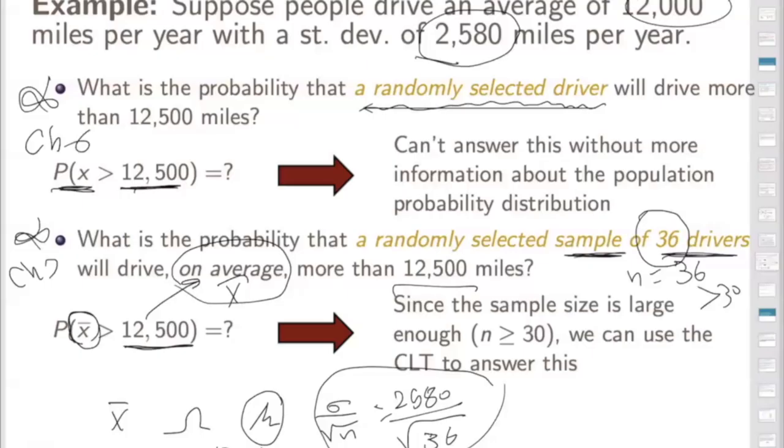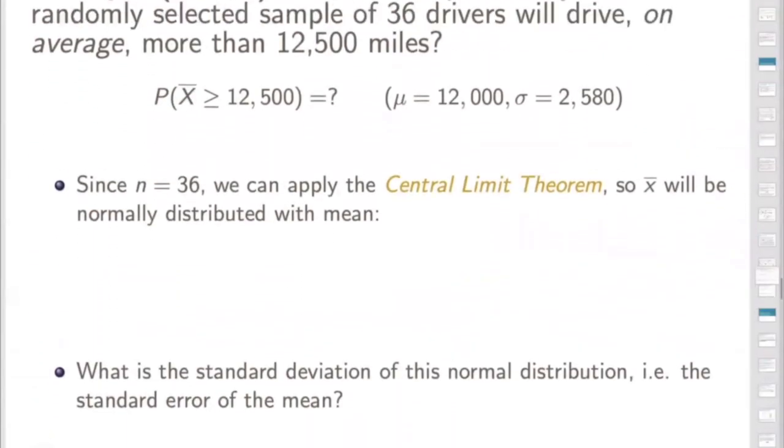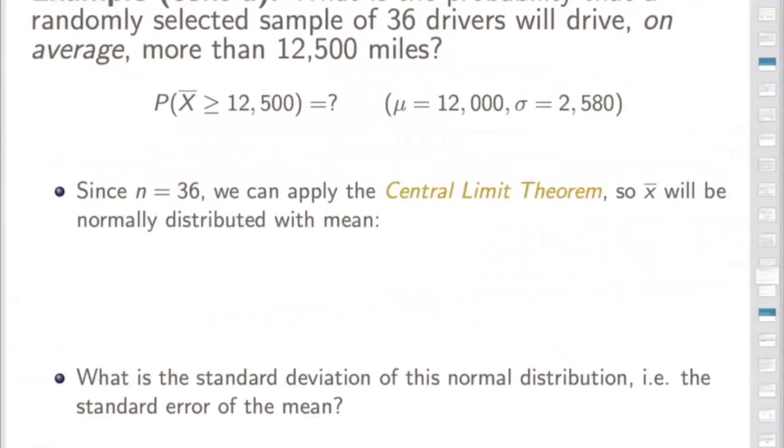Now you can convert x bar to z and find this probability. So let's do this together. As you can see here, we have the mean, we have the standard deviation. Since n equals 36, we can apply the central limit theorem because it's more than 30. So it will be normal distribution with mean mu x bar equal to mu, equal to 12,000.